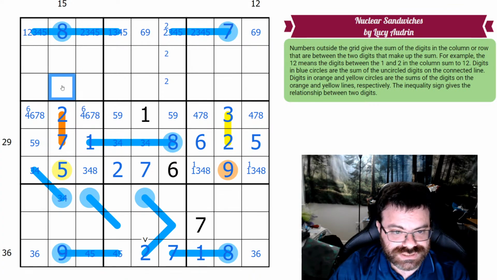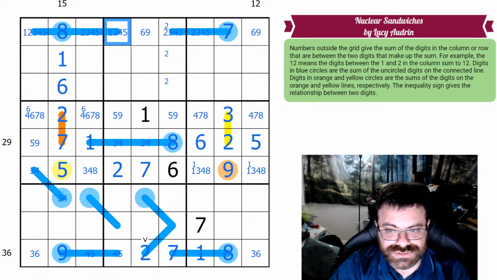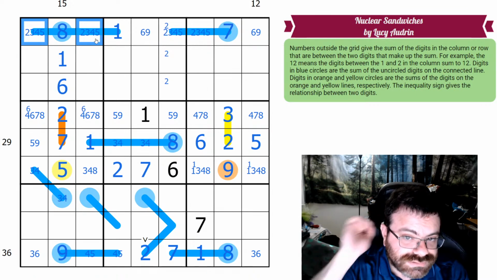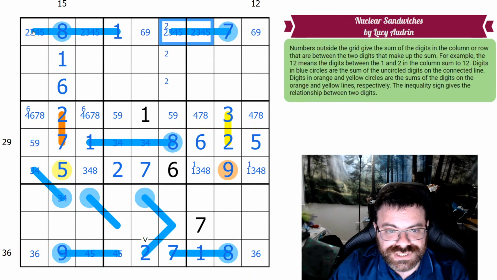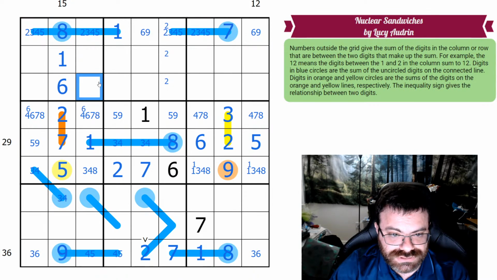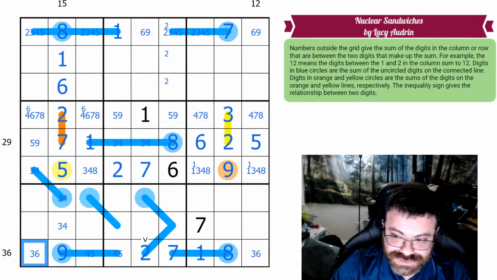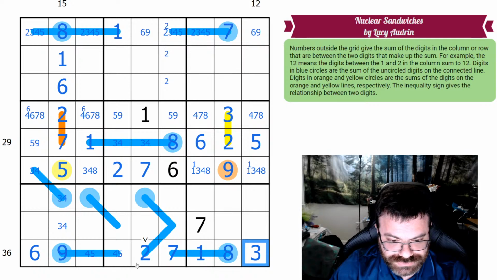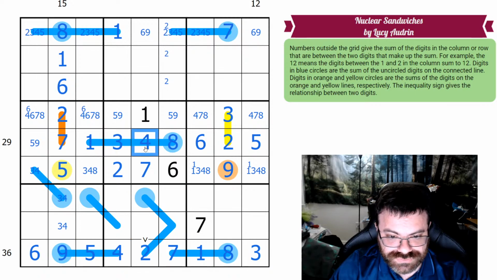So we need another 6. So this is 1, this is 6. So now the 1 goes here. These add to 7, and these add to 7. So it's just the two different ways of adding to 7. This is a 3-4 pair. So this is 6. This is 5-4. This is 3-4.